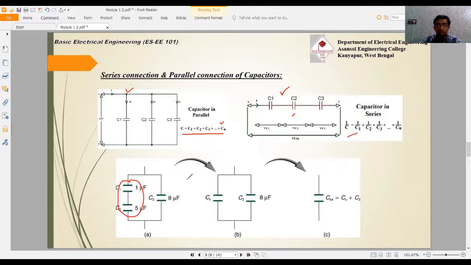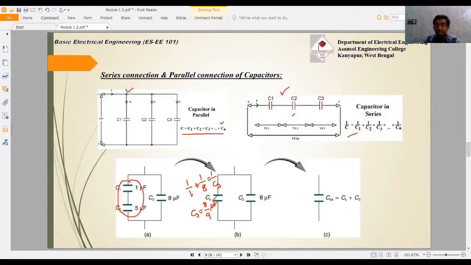So it will be 1 by 1 plus 1 by 8 equals 1 by CS. As you can see, the value of CS will be 8 by 9 microfarad.